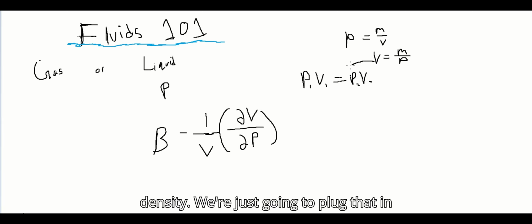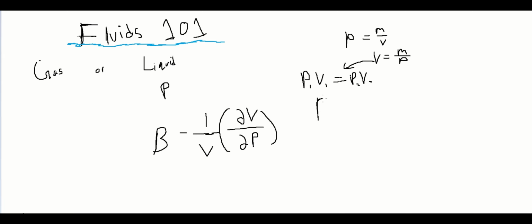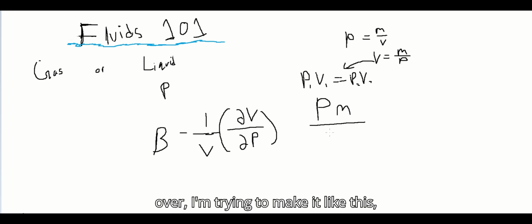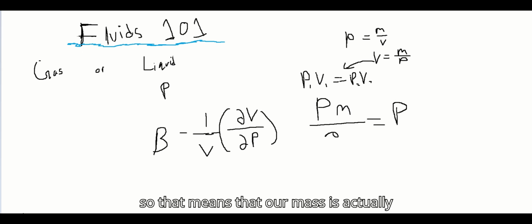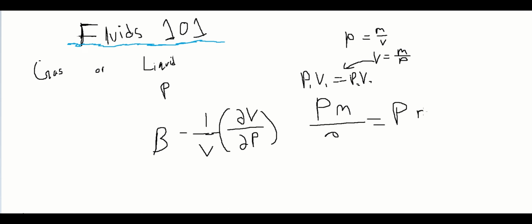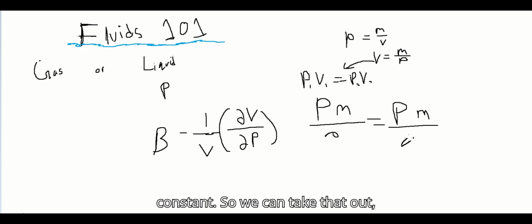We're just going to plug that in there. We'll get pressure times mass over rho. And remember that I said that we have a fixed mass, so that means that our mass is going to be constant. So we can take that out. Take a look at the relationship here.